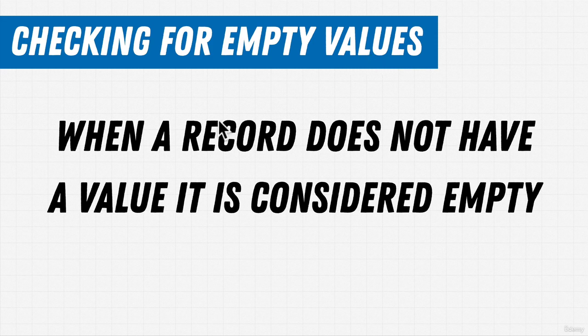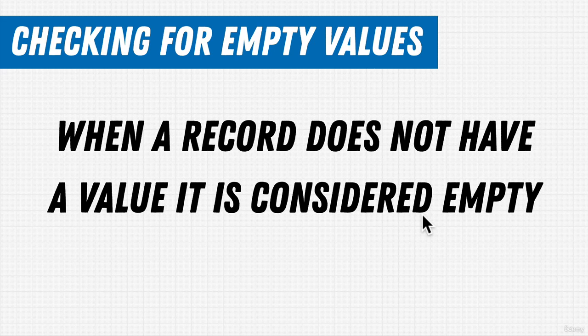Well, when we look at data, you can have records that do not have a value, and that is considered empty. So when a record does not have a value, it is considered empty. All right? But what does that mean? Because I haven't seen any empty records in my data. Well, here's the thing.